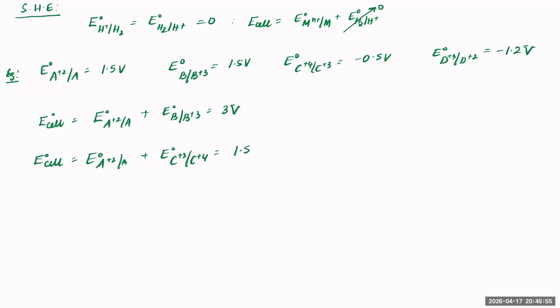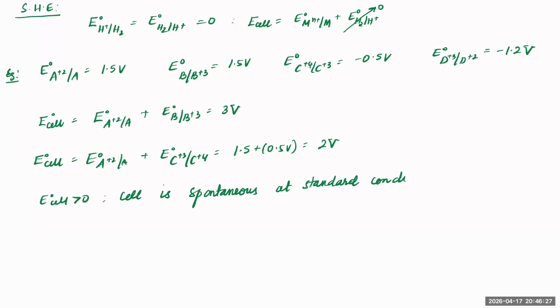That will be equal to 1.5 plus 0.5 volts, sorry, which makes it 2 volts. As long as E naught cell is positive, the cell is spontaneous at standard conditions.